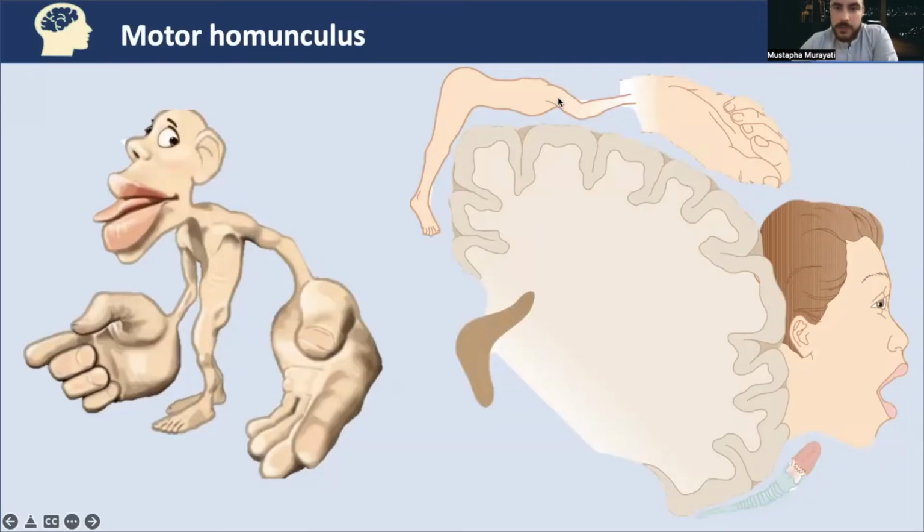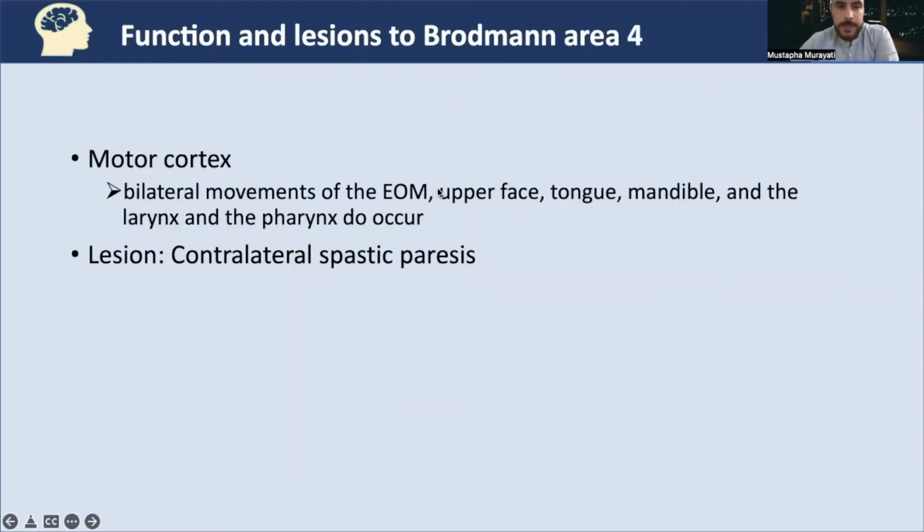And then we have the upper limb, shoulder, the trunk, and the pelvis. And here we are reaching the superomedial surface. It transitions from the trunk and pelvis to the lower limb and the genitalia, I mean the anal sphincter or the vesical sphincter, also controlled on the medial surface of the cerebral cortex.